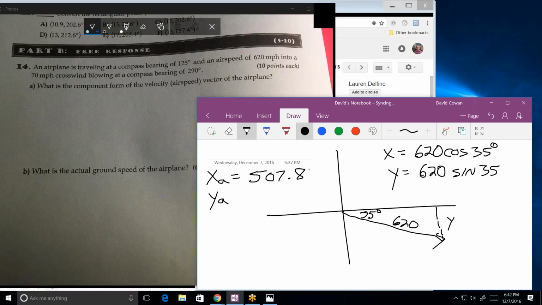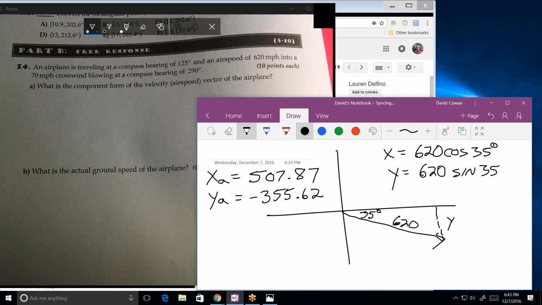And that's plus because it's going to the east. What's the vertical? The vertical is negative 355.62.